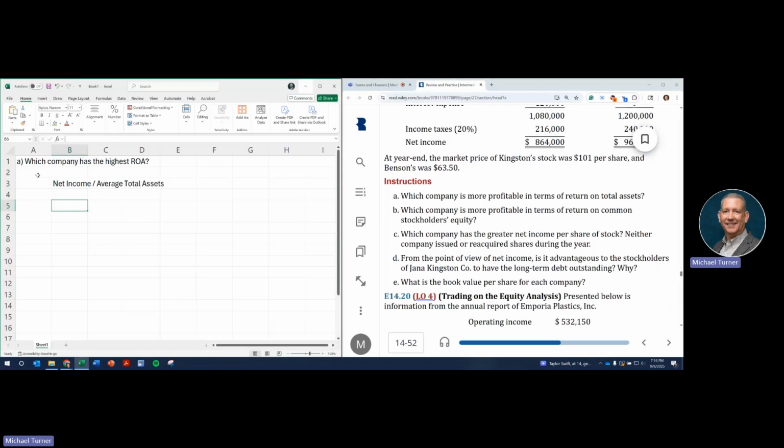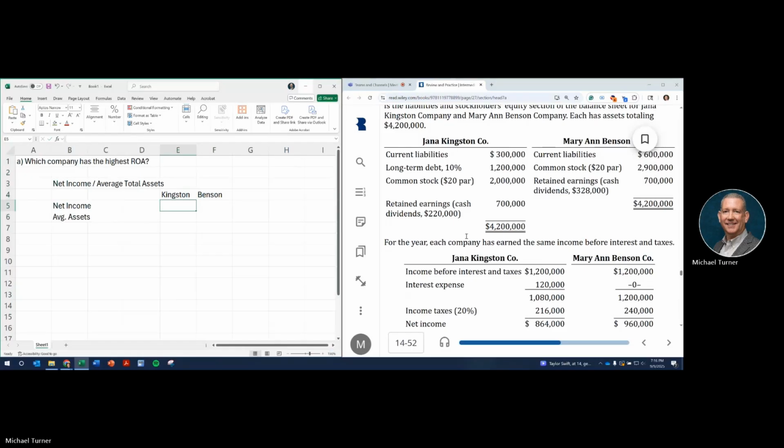All right, so let's take net income and average assets, and we'll set it up for Kingston and Benson. Let's refer to the problem and find this data. Kingston's net income was $864,000 for the year, and their average total assets was $4.2 million.